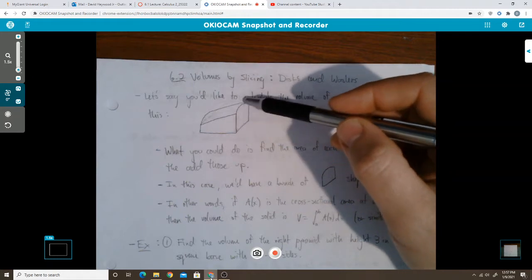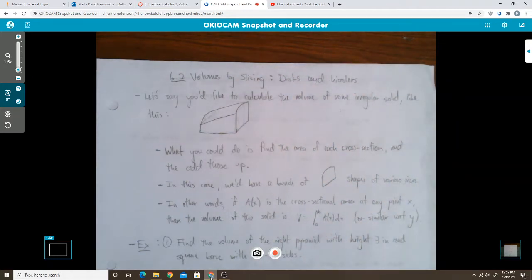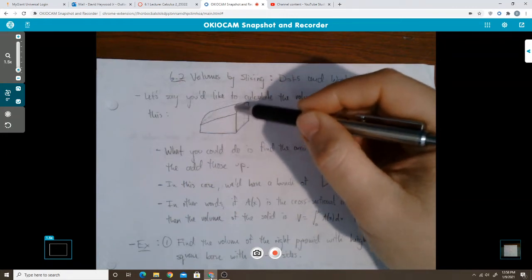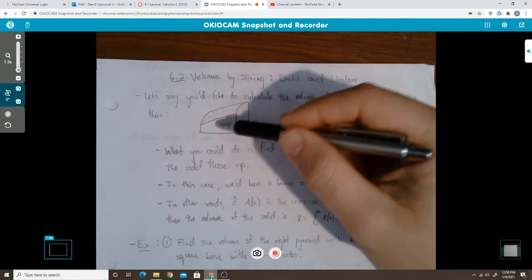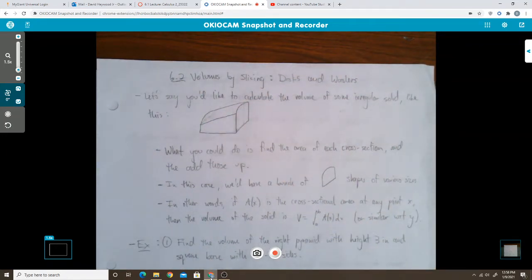Now, finding the area of each cross-section isn't hard because, again, we have calculus at our disposal. So we know that we can just use integration to find that area. So you find the area of each two-dimensional cross-section and then add up all of those cross-sections to give you the three-dimensional volume. In this case, what we'd get is a bunch of shapes like this of various sizes.